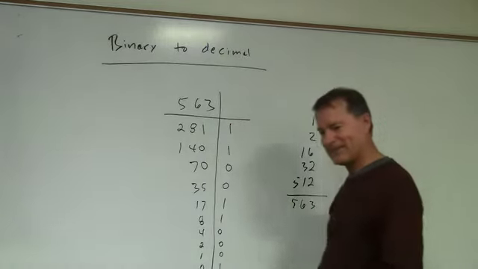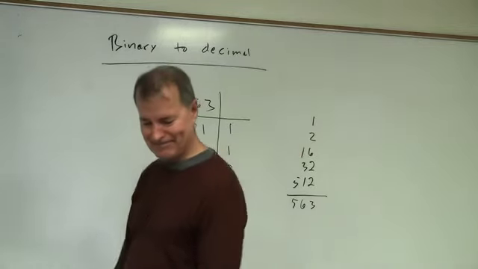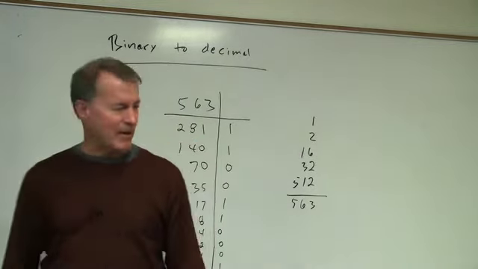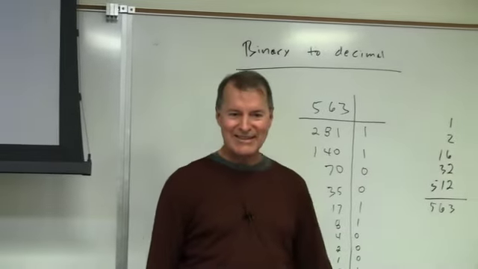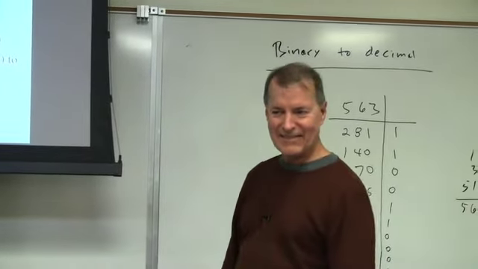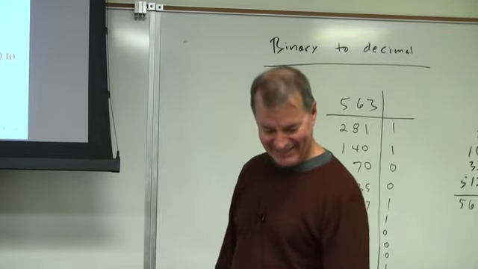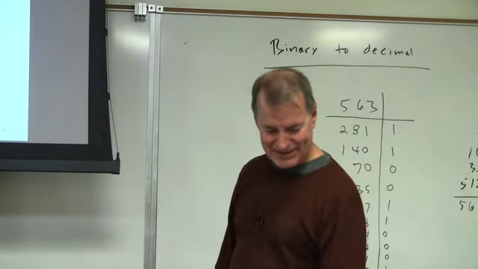Now, is that slick? Yep. That's a lot easier. It gives you the bits right off the bat just from the remainder. How come we weren't taught that way? I'm teaching you that way. That's how to do it.